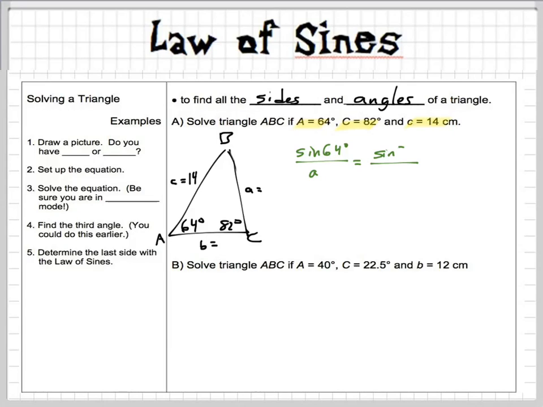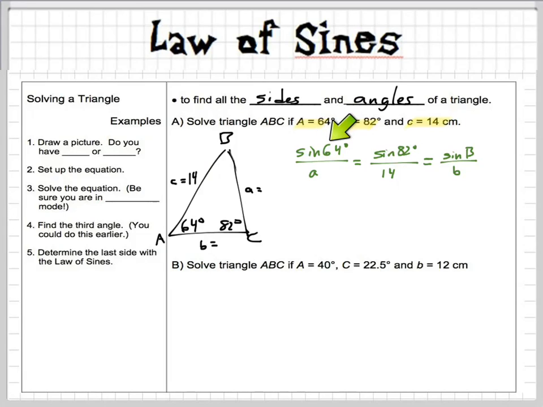Sine of 82 degrees is over 14. Very nice. How did you know that? Because 14 is opposite of the 82. Very good. And then we have one more ratio to set up here: sine of B over lowercase b.